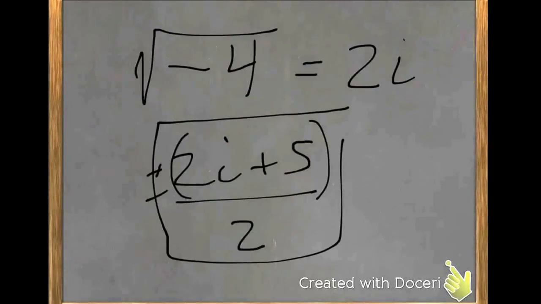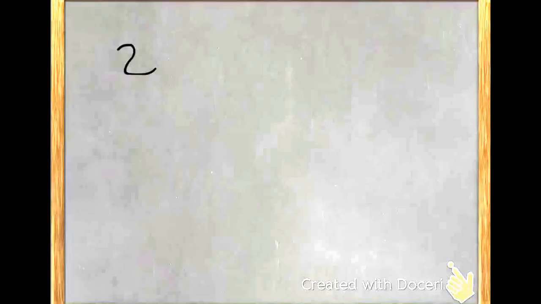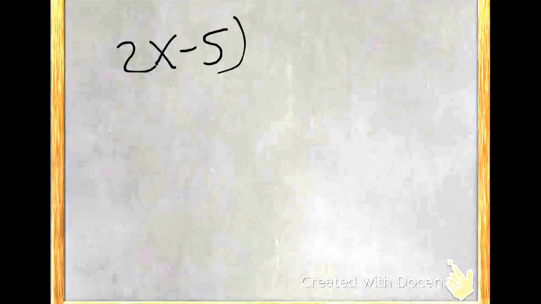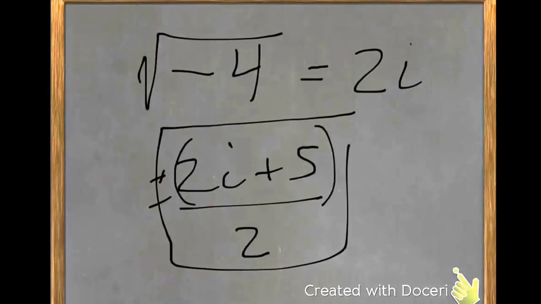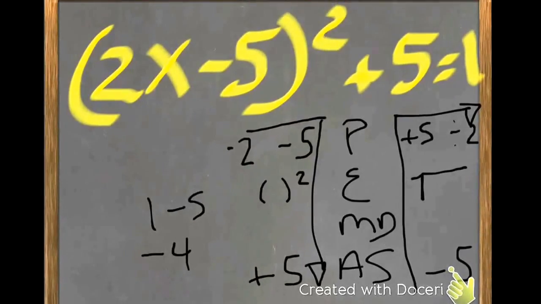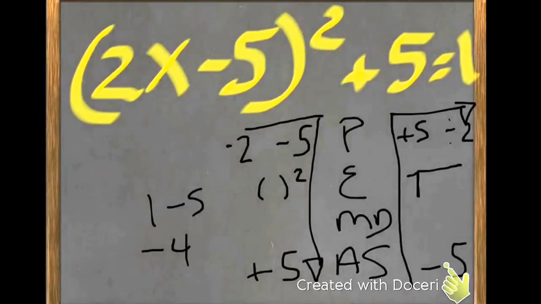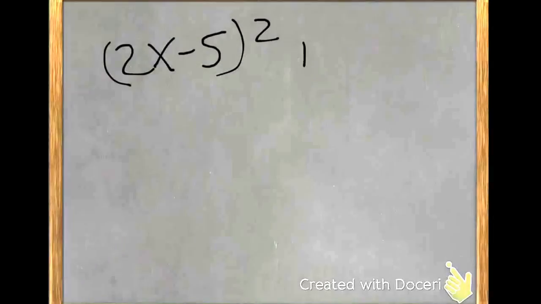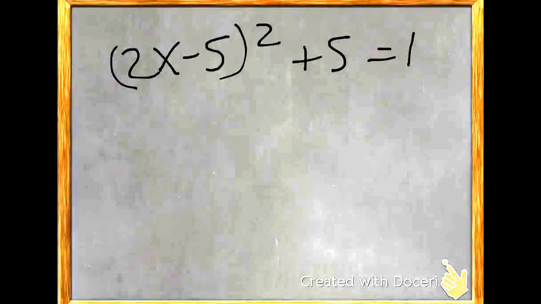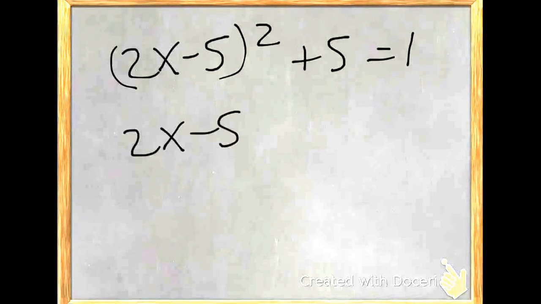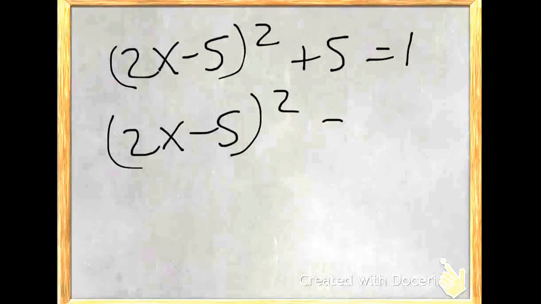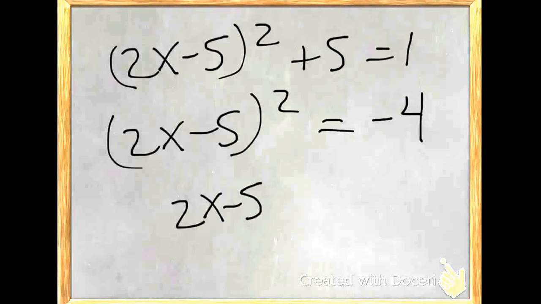2x minus 5 squared plus 5 equals 1. So again, I subtract 5 from both sides. This is just to show you that I get the same answer. Subtract 5 from both sides. Then I take the square root of both sides.